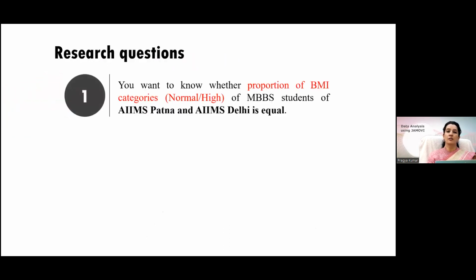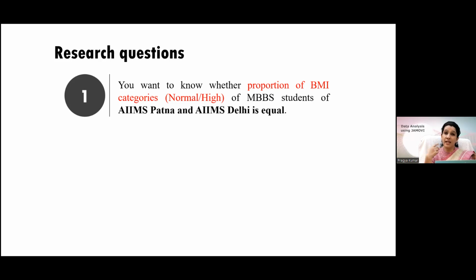So what could be the potential research question for which we need the chi-square test of proportion, or test of homogeneity? Homogeneity means I am saying that they are equal in both the groups. So if I want to know whether the proportion of BMI category, and here it should be a binomial proportion, that means only two proportions.